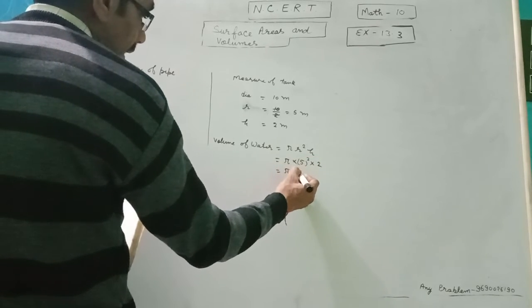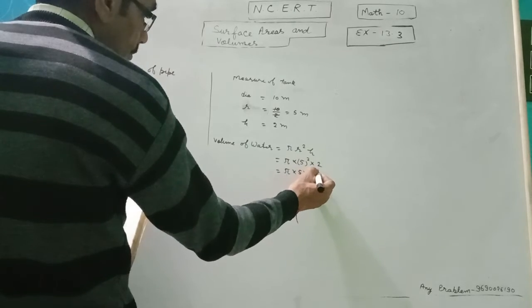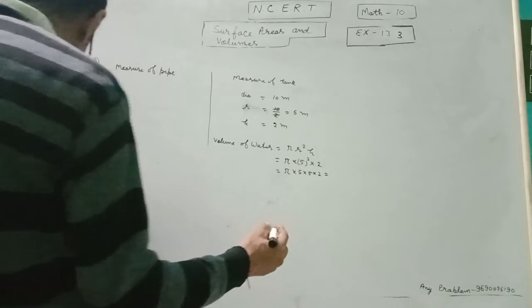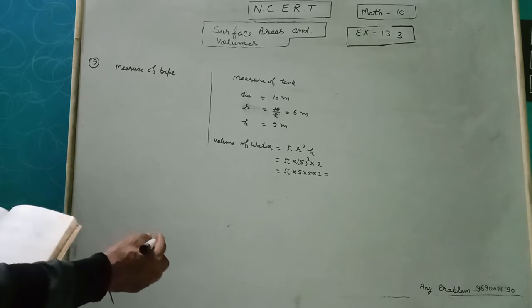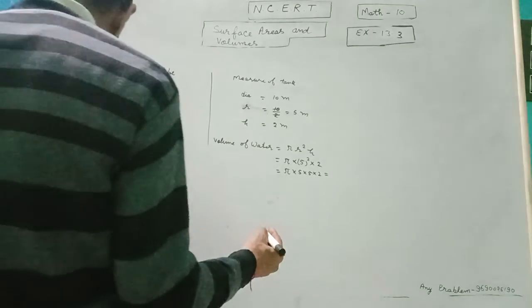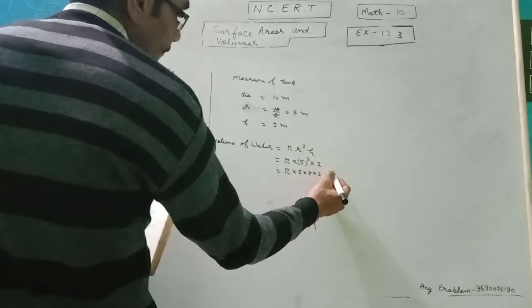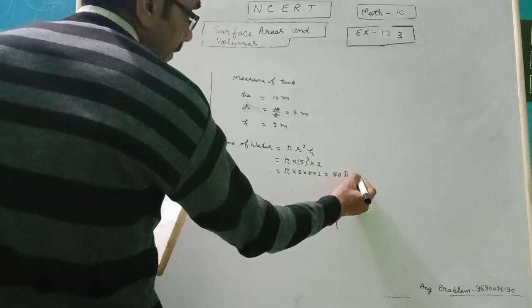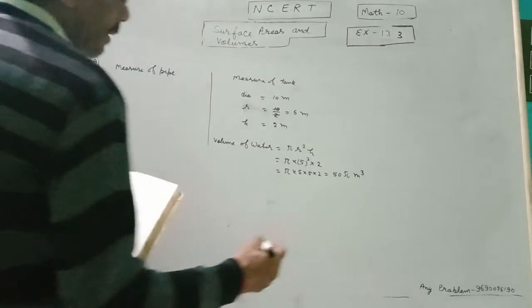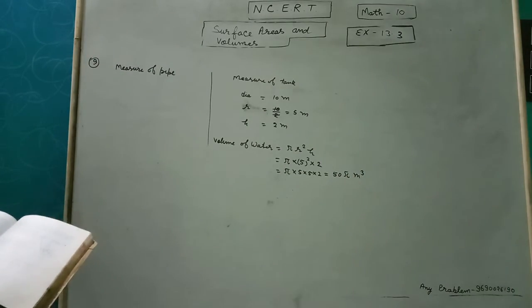Pi into 5 into 5 into 2, after multiplying, 50 pi meter cube is the capacity of the tank.